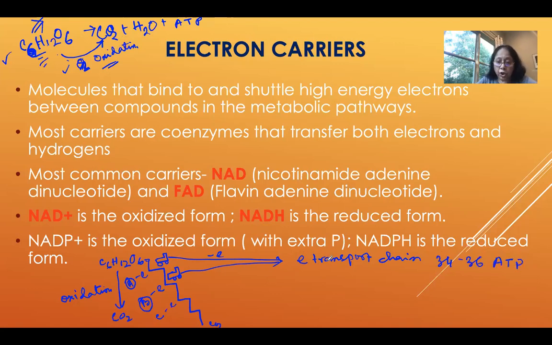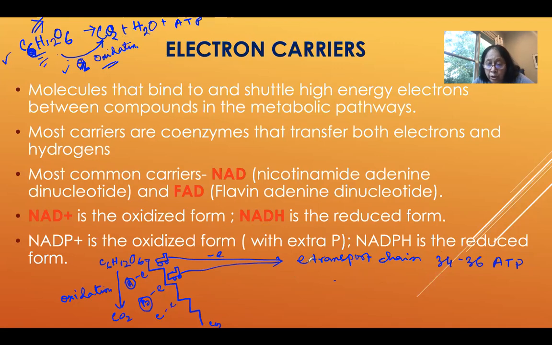So all these electrons going inside the electron transport chain is a very important step. If electrons do not reach there, then glucose will not become carbon dioxide.